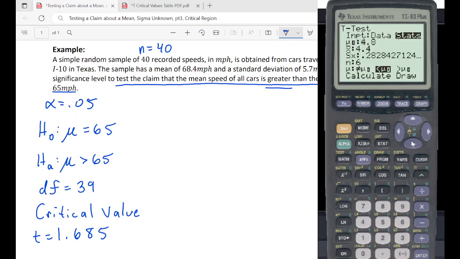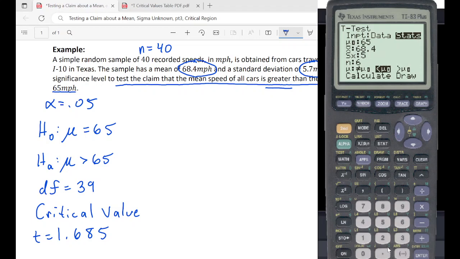I have a mean here that says 65, so I'm going to type in 65 for the mean. Our sample mean is 68.4 miles per hour, so that's what's going to go in for my x-bar, 68.4. Our standard deviation of 5.7 miles per hour is going to be our s.